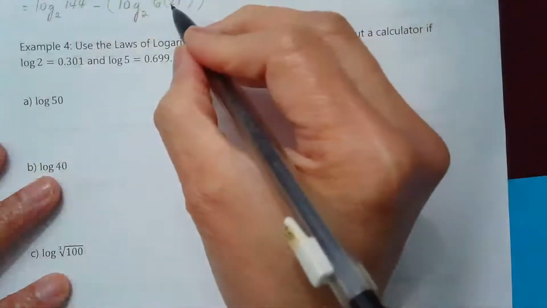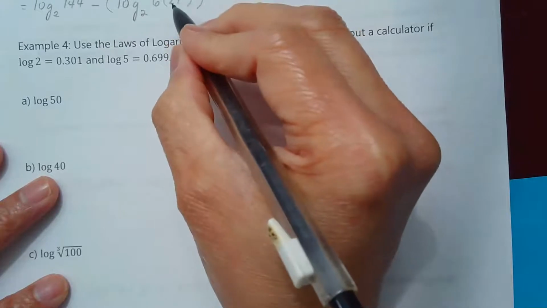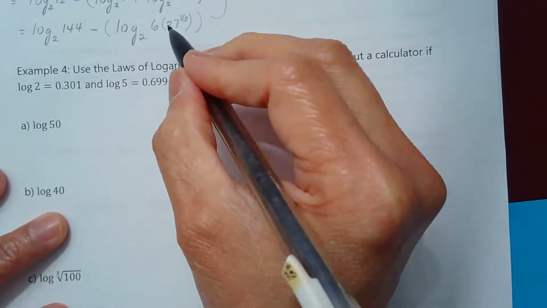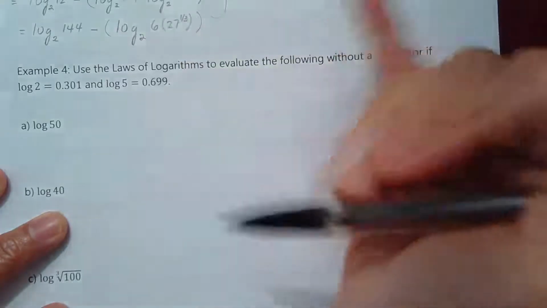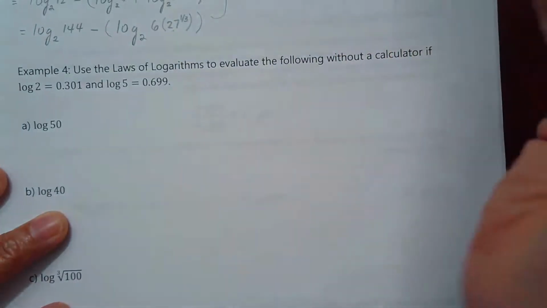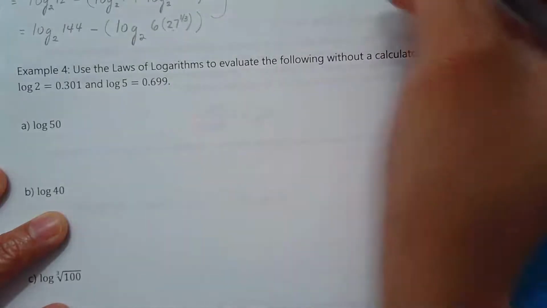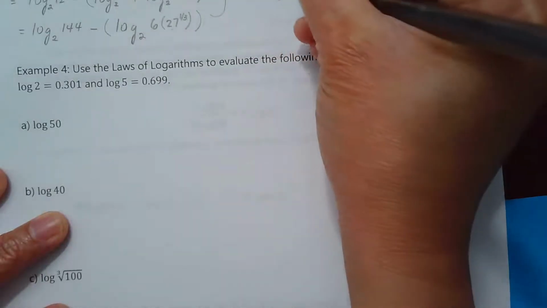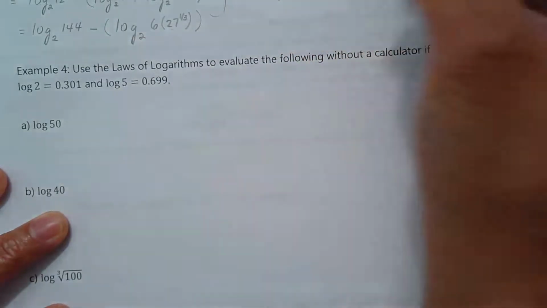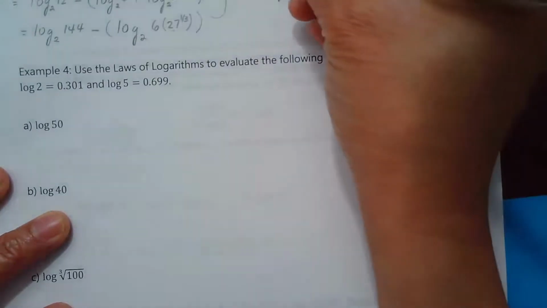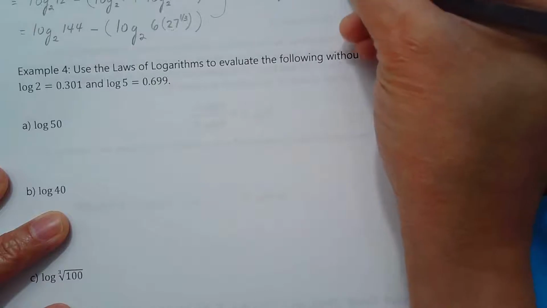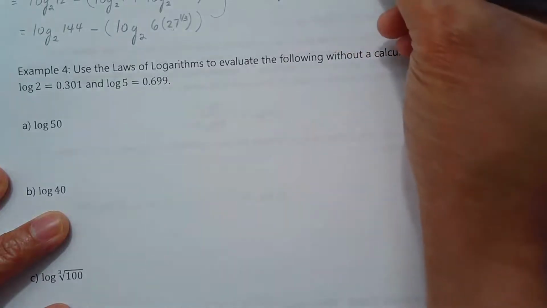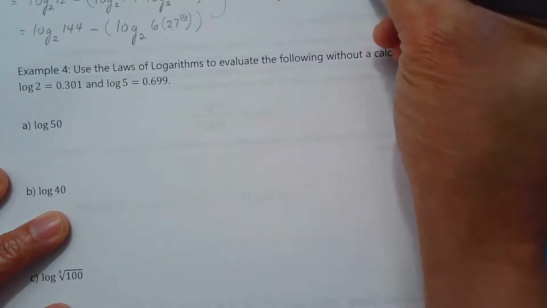Okay, so just this part in here, cube root of 27, that's 3. 3 times 3 is 9, times 3 is 27. So now I can go here, log of 144 base 2 minus log of 6 times 3, which is 18, base 2.